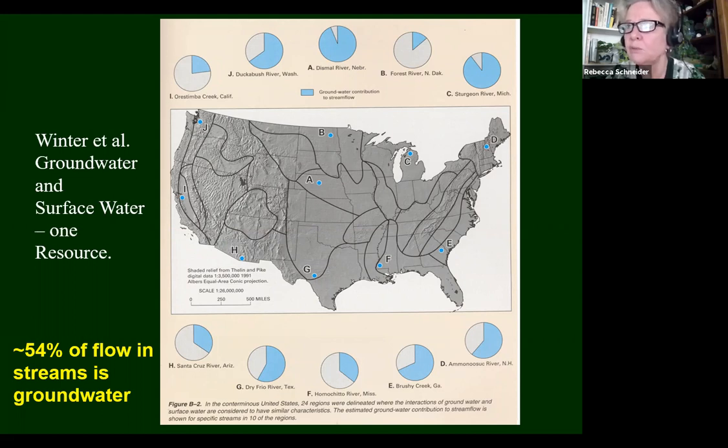You can see it ranges from about 5% to, in some cases, 80%. What they found is that on average, 54% of the flow in our streams is groundwater. Not runoff, it's groundwater. And so if you don't want your stream to run dry or to be polluted, you really have to focus on managing groundwater in the landscape.